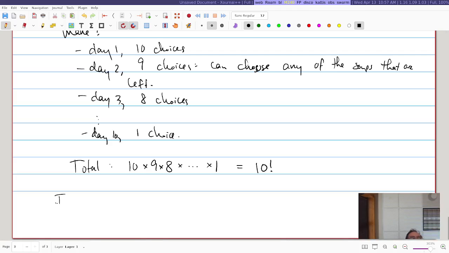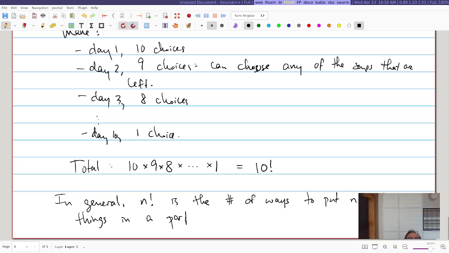Right, and in general, this argument shows that n factorial is the number of ways to put n different things in a particular order. This is also known as permutations.